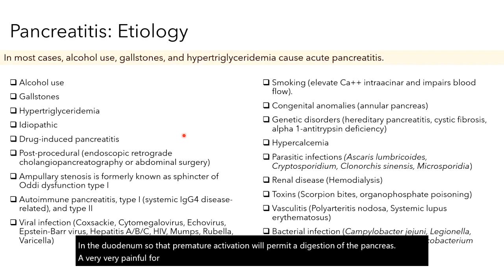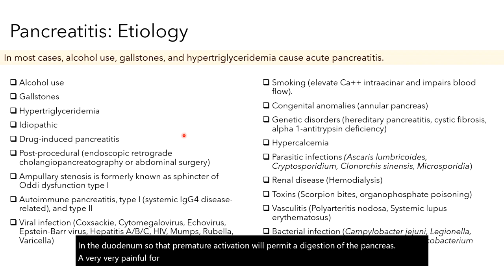What are the etiologies for pancreatitis? Usually alcohol and gallstones, but also hypertriglyceridemia are the most common causes for acute pancreatitis. Remember that sometimes we don't know what causes it. Also, drugs can produce pancreatitis. There are a lot of things that can produce pancreatitis. I mentioned toxins after a scorpion bite or poisoning.